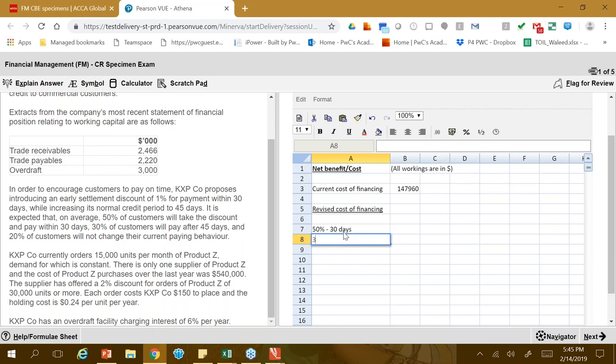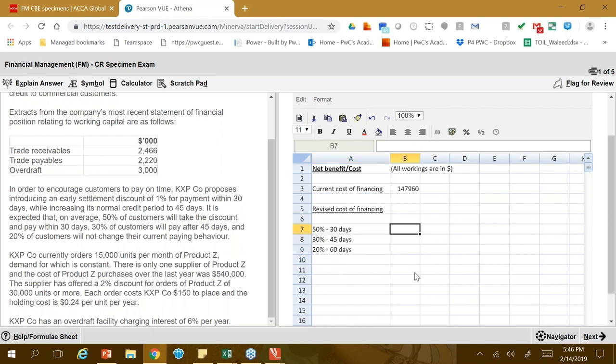Then we have 30% customers who will take 45 days. And then we have 20% customers who will not change their current paying behavior. We already found out that their current paying behavior was 60 days, which is the receivables balance of 2,466 over the sales of 15 million into 365. So this is the structure.